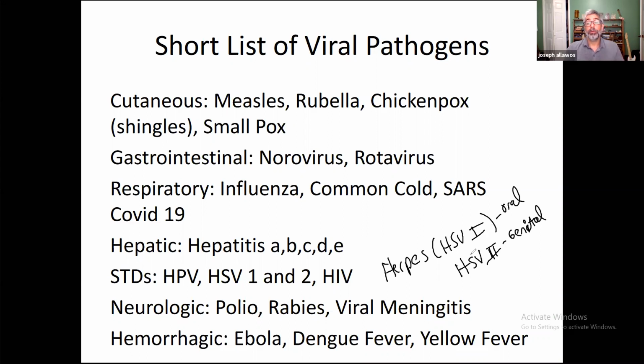Okay, well, first thing I want to tell you about herpes is that although HSV1 is called oral herpes and prefers the mouth, it can go down there. And although genital herpes prefers the genitalia, it can go up there.